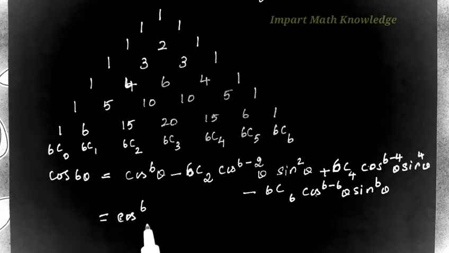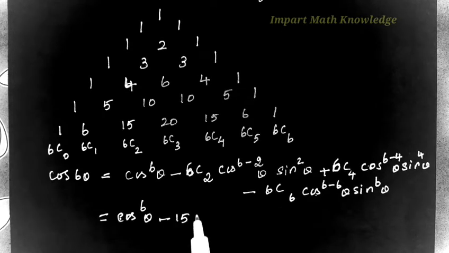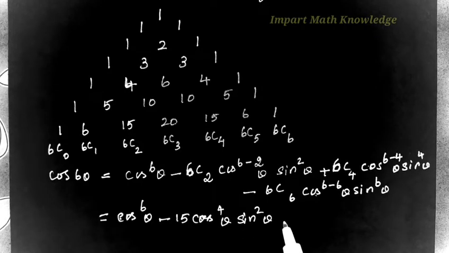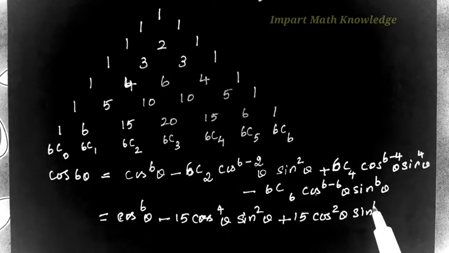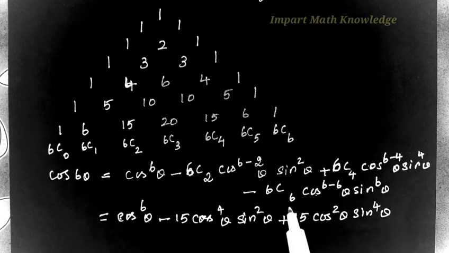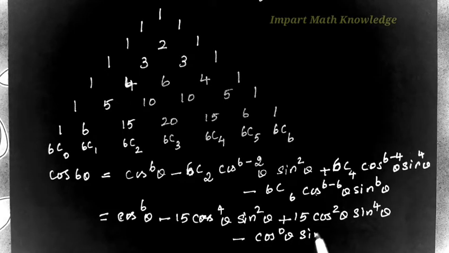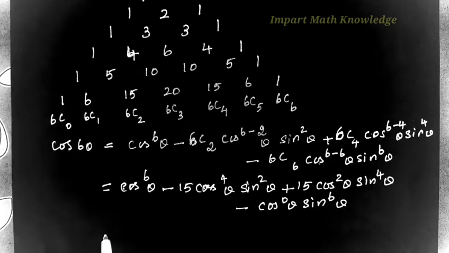So we can write this as cos power 6 theta minus 15 cos power 4 theta sin square theta plus 15 cos square theta sin power 4 theta. 6c6 is 1. So minus cos power 0 theta sin power 6 theta.